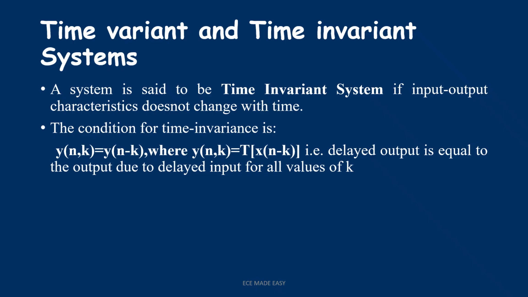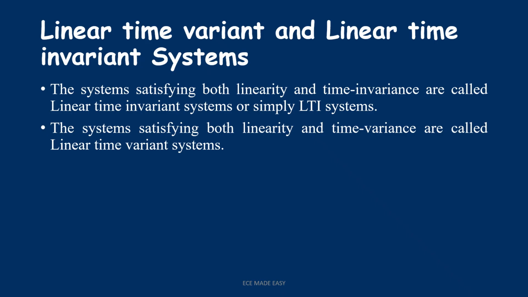Otherwise, we call it time variant, where y of n comma k is the output for the delayed input, that is replacing x of n with x of n minus k. Whatever output we are getting, we call it y of n comma k, where y of n minus k is the delayed output. Simply replacing n with n minus k, we will get y of n minus k.